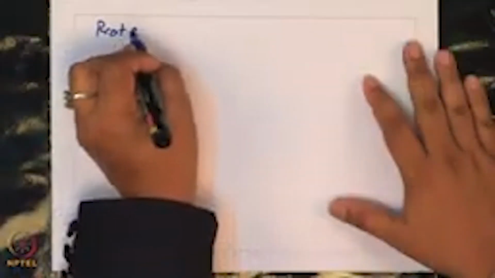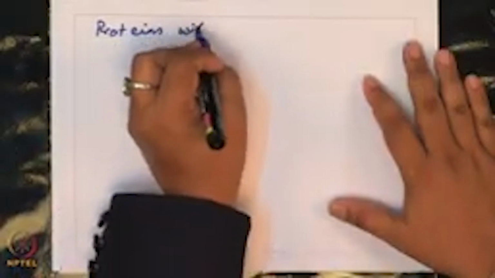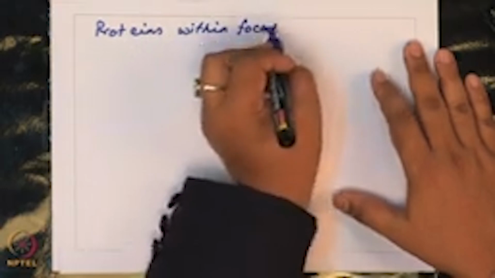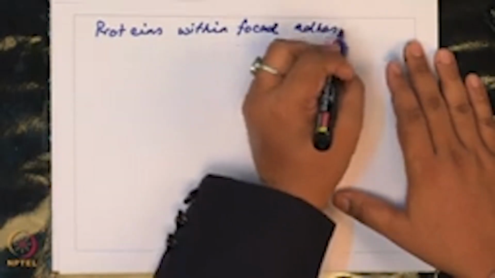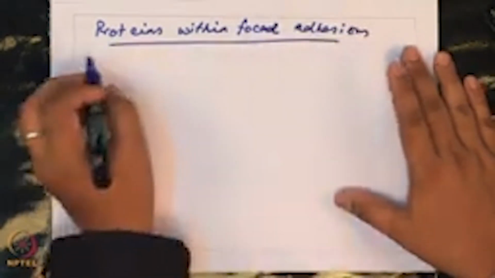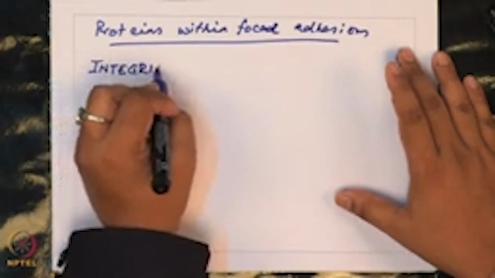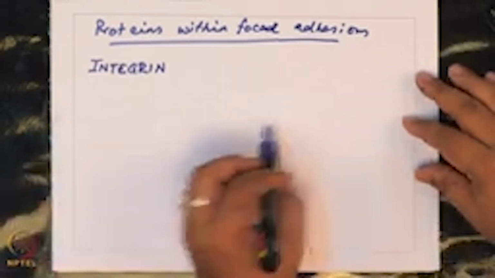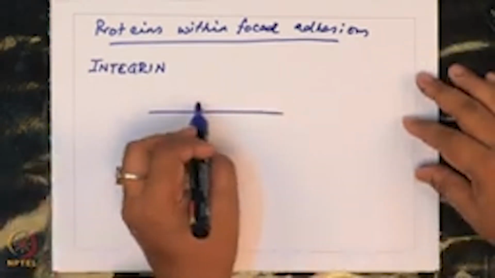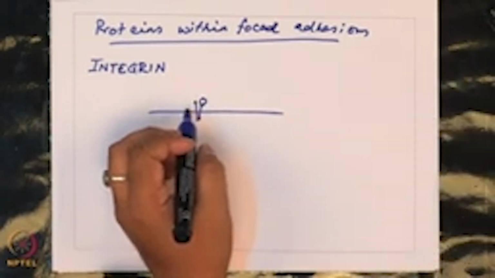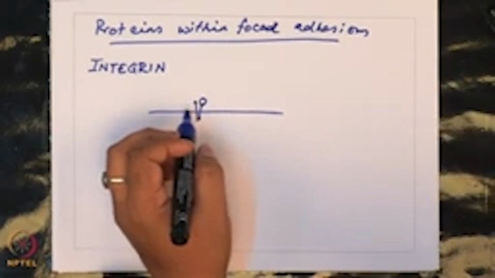So, I said that there are a lot of proteins. So, there are a lot of proteins which are present in focal adhesions. And so, one of the most important proteins is integrin. Integrin is the one which is present transmembrane, which is present across the membrane.